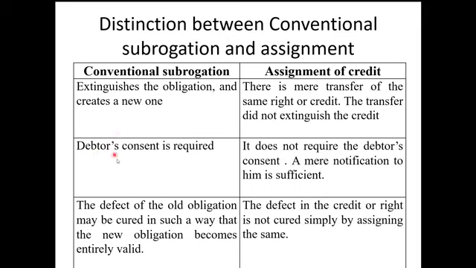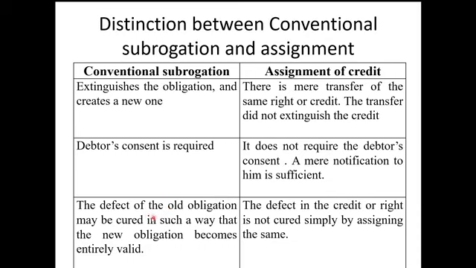Kasi may consent dapat yung debtor, old creditor, and new creditor. But in assignment of credit, okay, hindi required ang consent ng debtor. In fact, tandaan mo na lang yung receivable assignment. Sa receivable assignment, pwede ngang notification or non-notification basis pa nga, di ba? Kaya mere notification to the debtor, sufficient na.